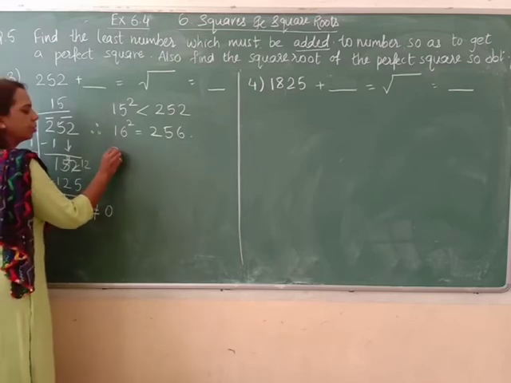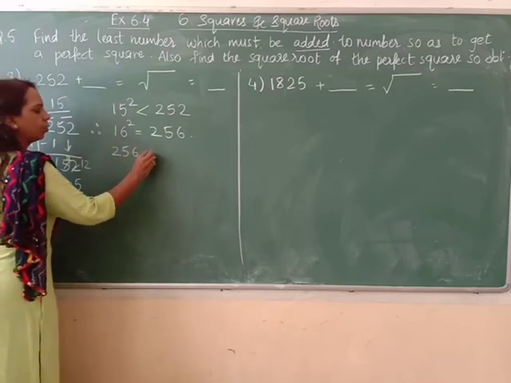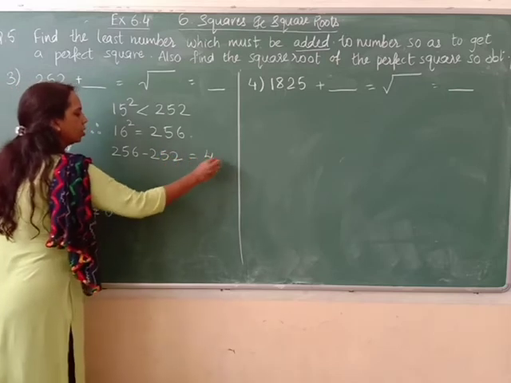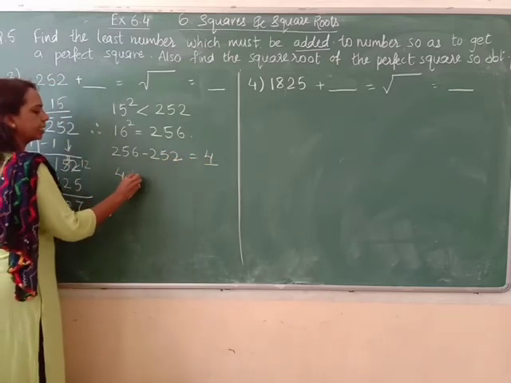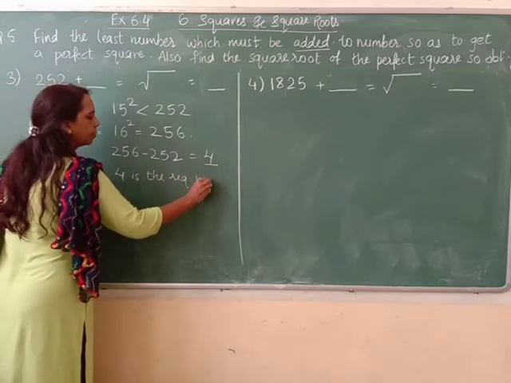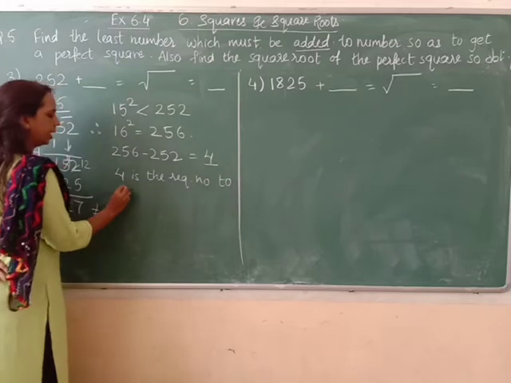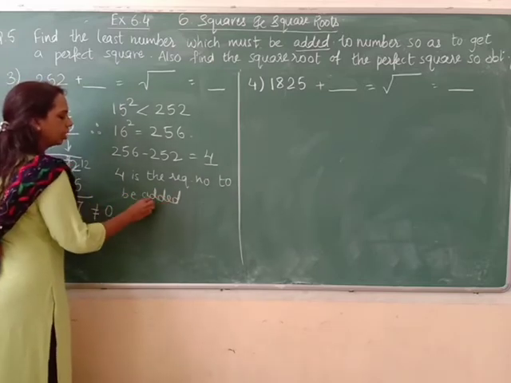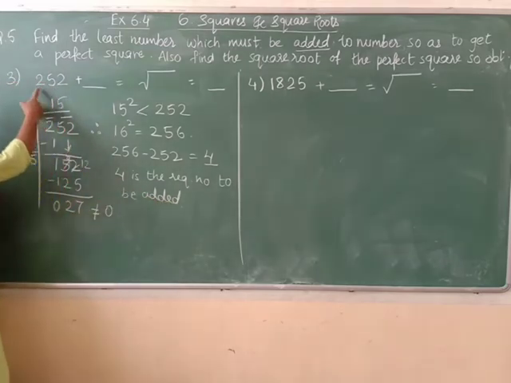Therefore, subtracting 252 from 256, we get 4. So 4 is the required number to be added to 252 to make it a perfect square.